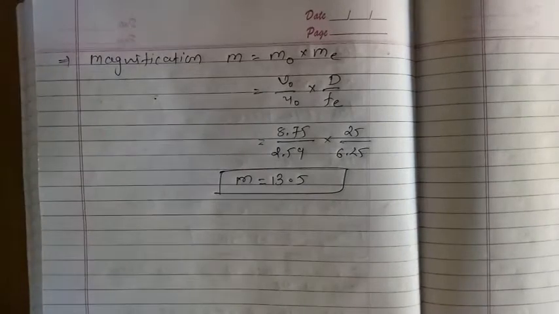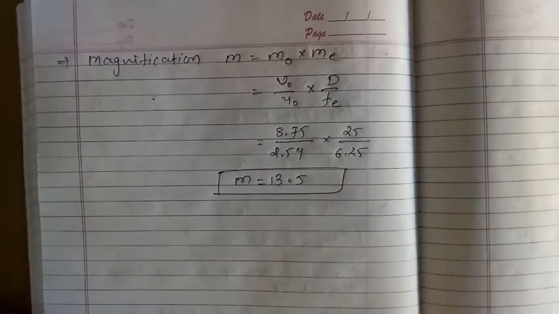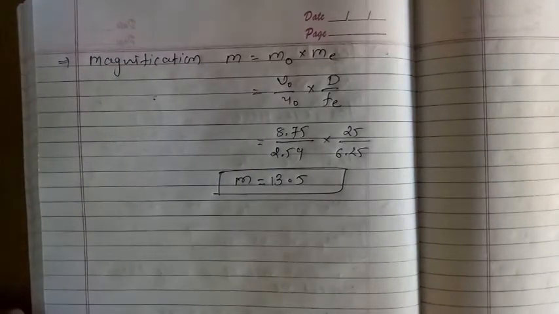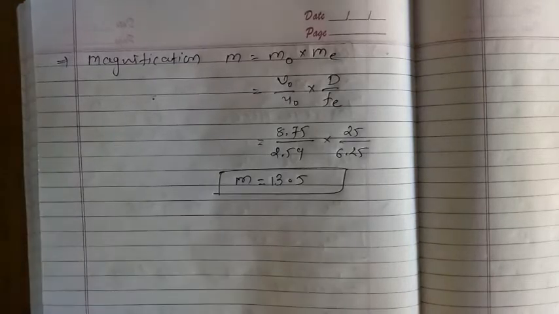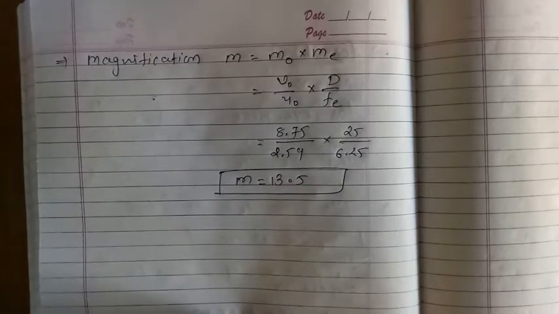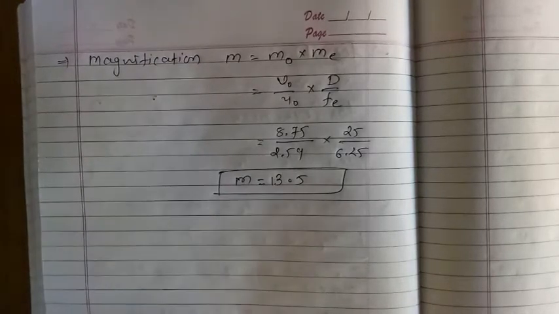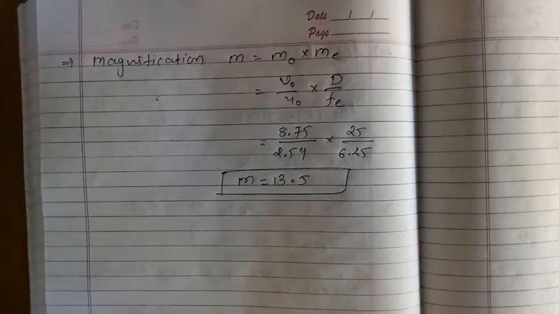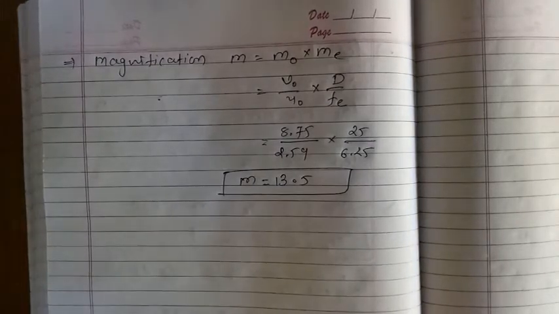So this is a very easy example. We have to find out the object distance for objective. To find out the object distance for objective, we know the image distance from the eyepiece. So first of all, we have to find out the object distance from eyepiece.